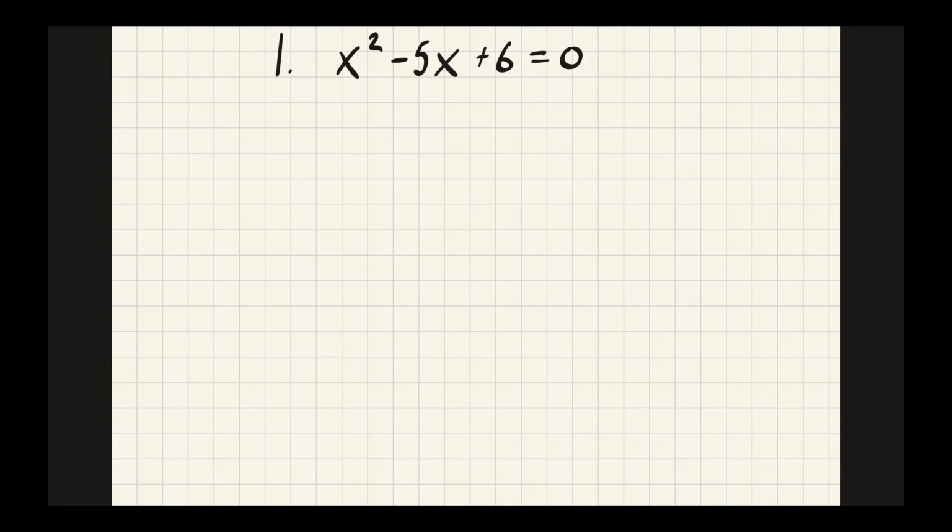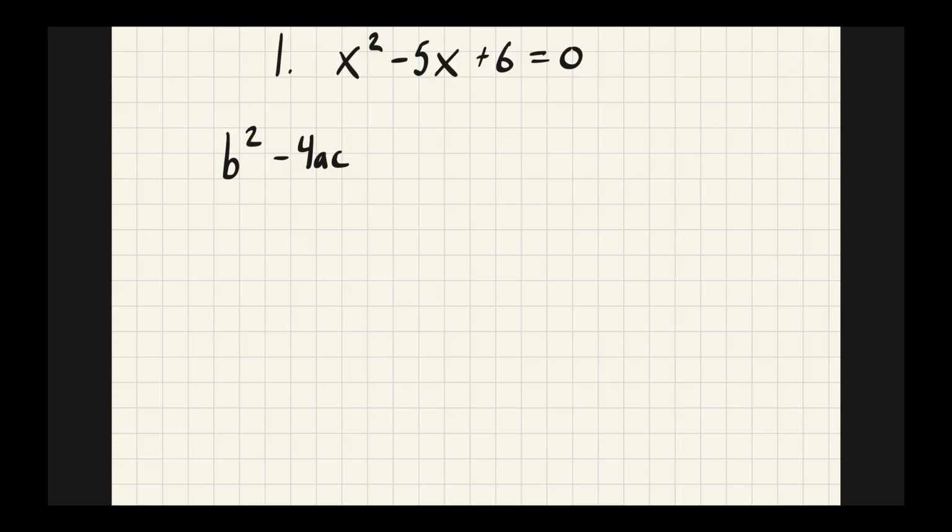Now we're going to get into 3 examples to really highlight this idea and let you test your knowledge. Alright, so the first example is x squared minus 5x plus 6 equals 0. We will start by finding the discriminant, b squared minus 4ac.